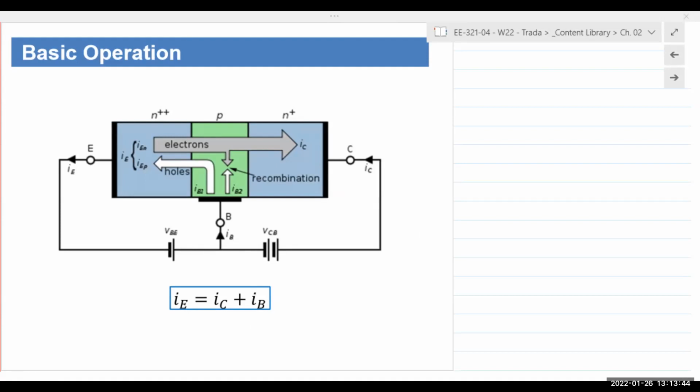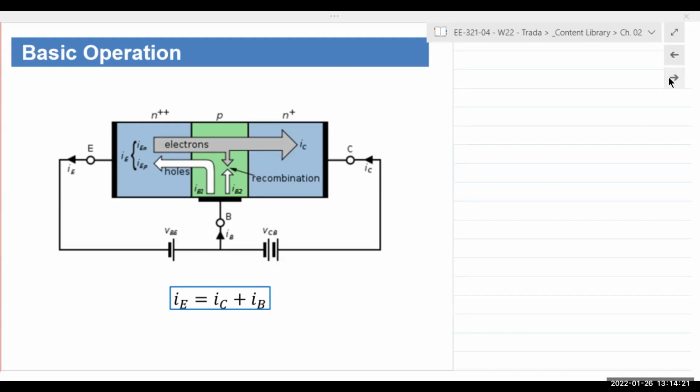Remember, I said the base is lightly doped, meaning it does not have as many carriers as the emitter, so the base current is typically very small. Even the arrow notations have certain meaning. The base current is typically small, whereas the collector current is quite large.